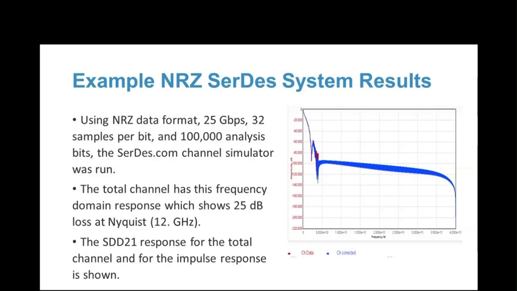The total channel had this frequency domain response, which shows 25 dB loss at Nyquist. The red curve was the SDD21 response of the total channel going up to 40 gigahertz, and the channel corrected blue curve is the SDD21 response for the total channel impulse response, which had a sample rate of 800 gigahertz, thus the maximum frequency was 400 gigahertz.